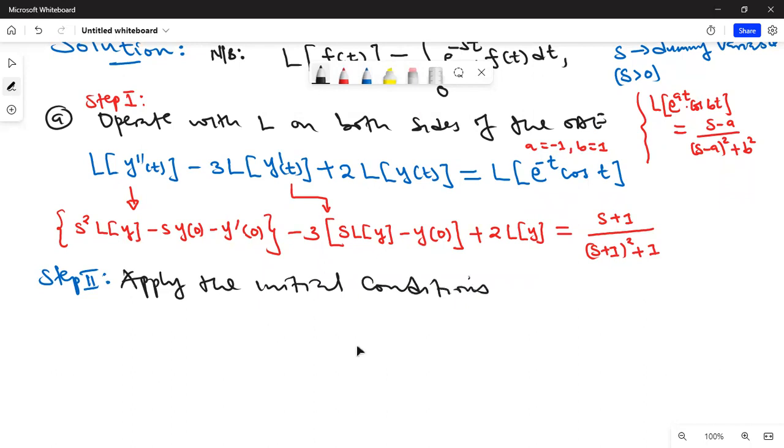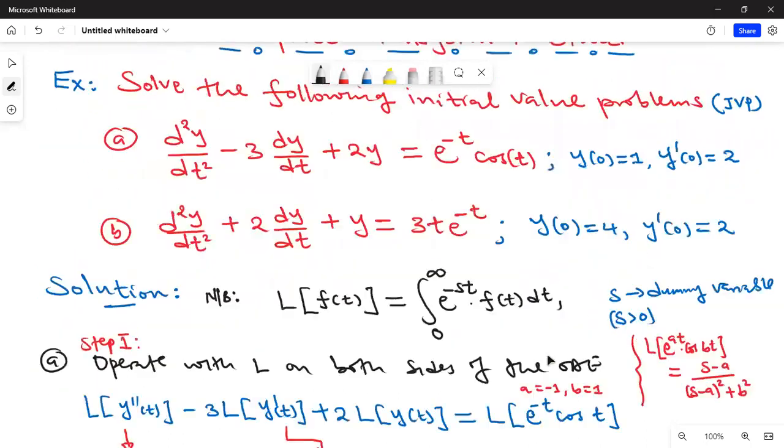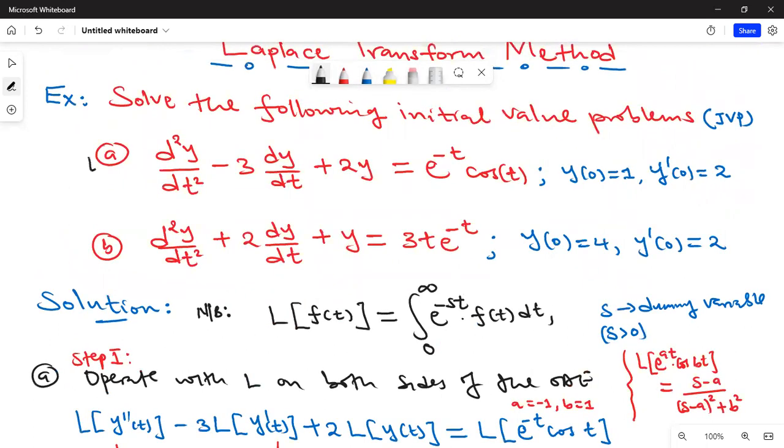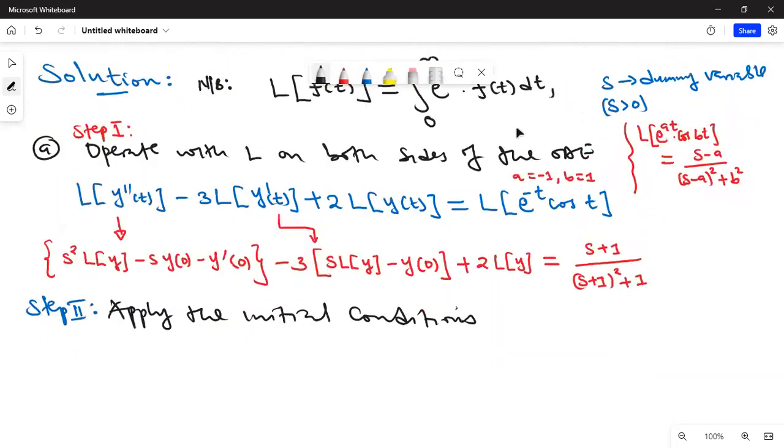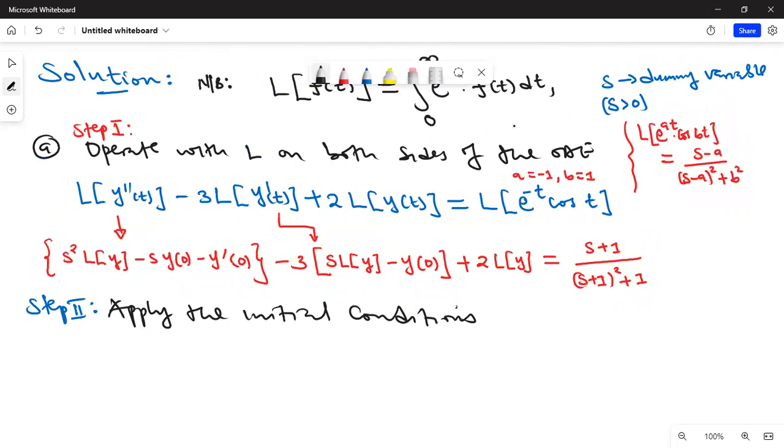Look at our initial conditions in part A. We are solving part A. So our initial conditions are that y(0) is 1 and y'(0) is 2. So I'll apply them here. Where we have y(0), that will be 1.